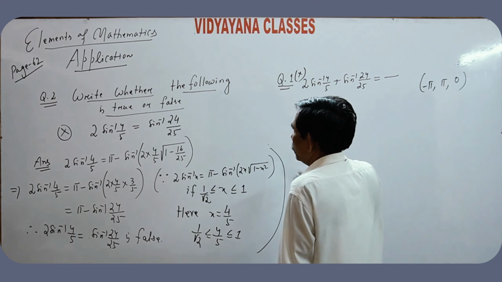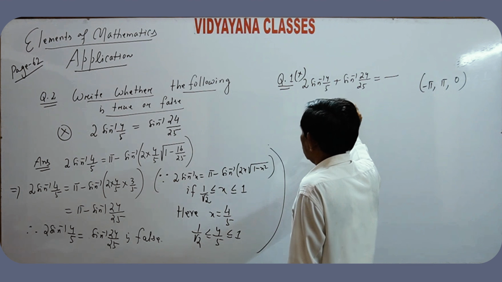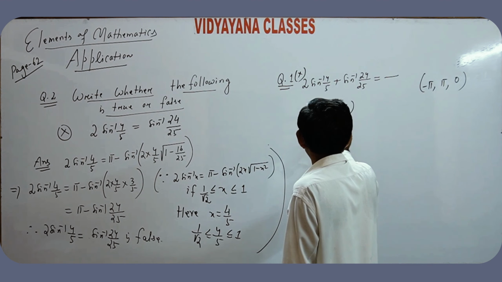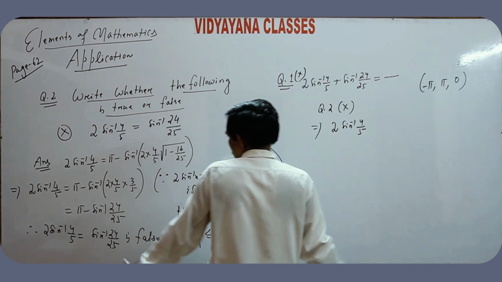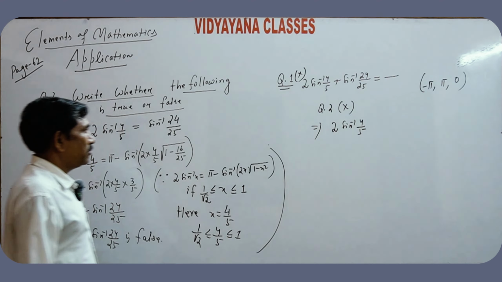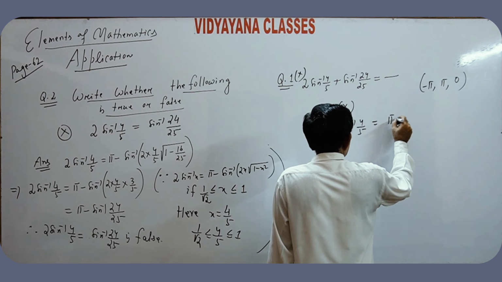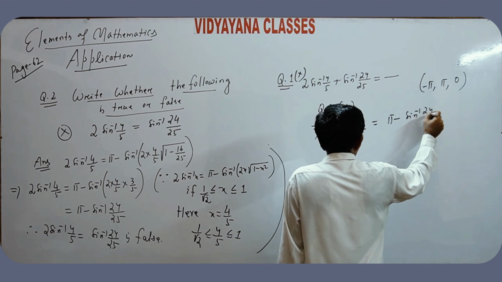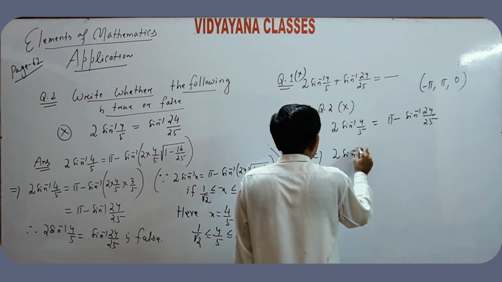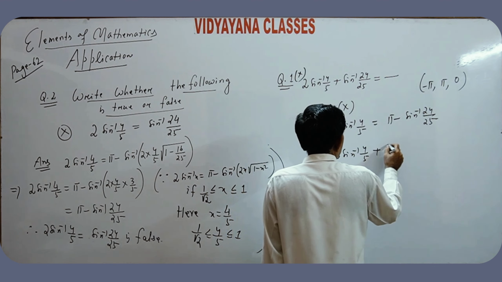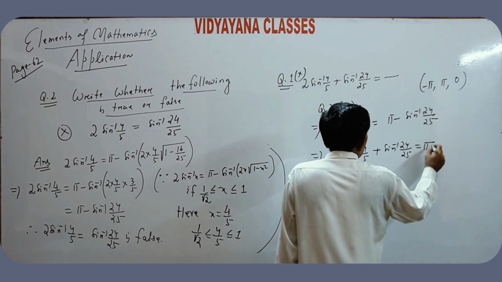In question number 2, x implies 2 sin inverse 4 by 5 is equal to pi minus sin inverse 24 divided by 25, which implies 2 sin inverse 4 by 5 plus sin inverse 24 by 25 is equal to pi.